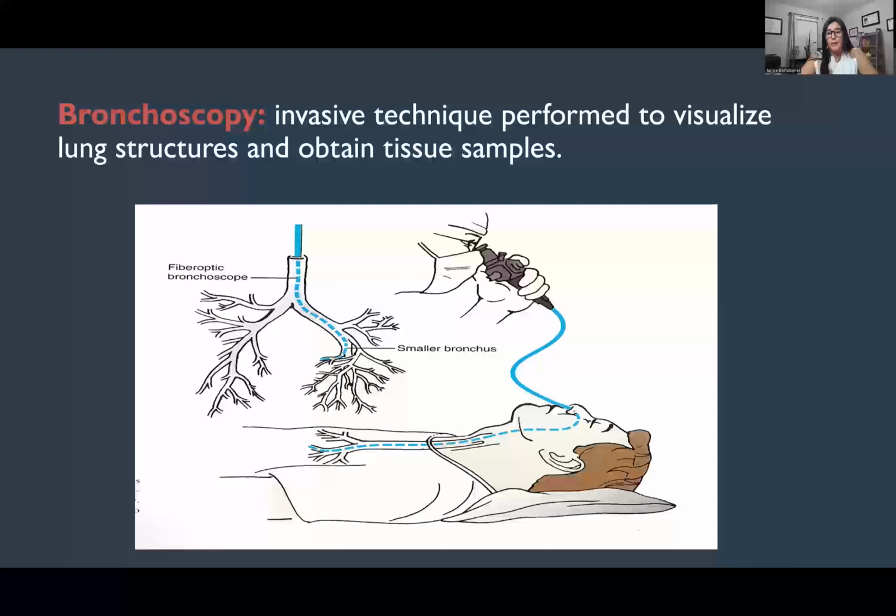They have to be NPO for 6 to 12 hours before the procedure. That is because you're basically bypassing the gag reflex here, and you don't want someone gagging, vomiting, and aspirating. So you want to protect the airway. Therefore, they put them NPO 6 to 12 hours before.